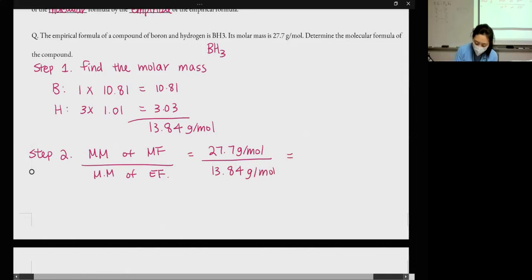And that's going to be the ratio, which is 2.00.